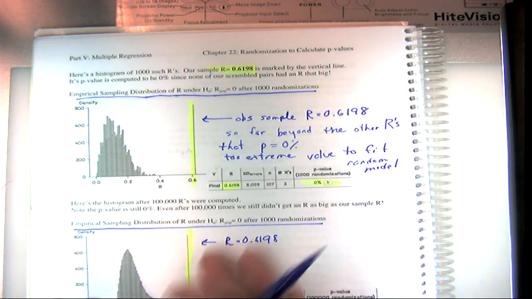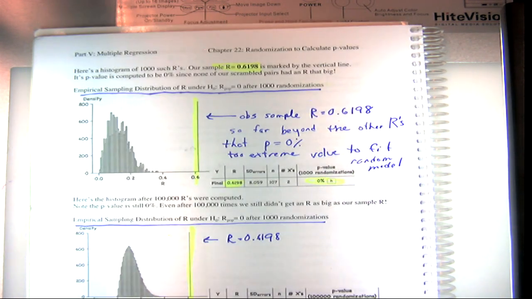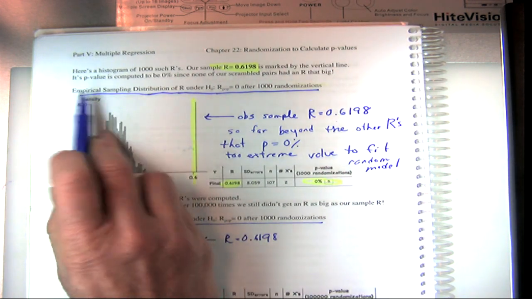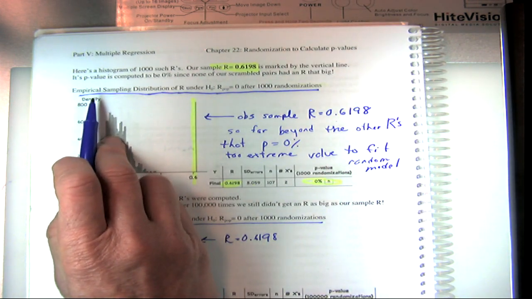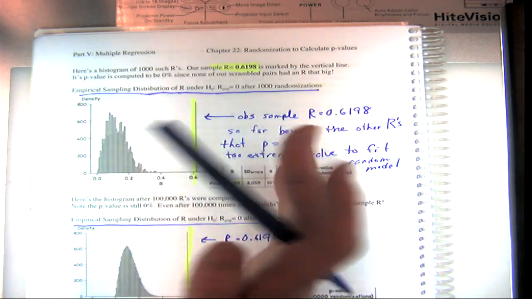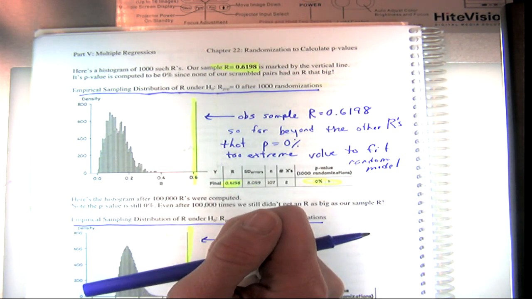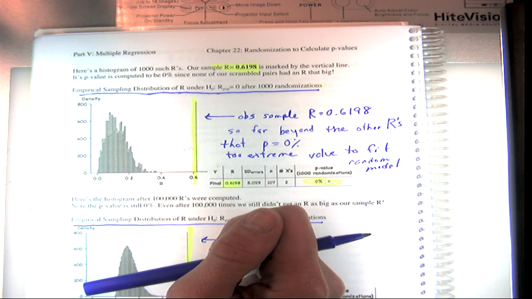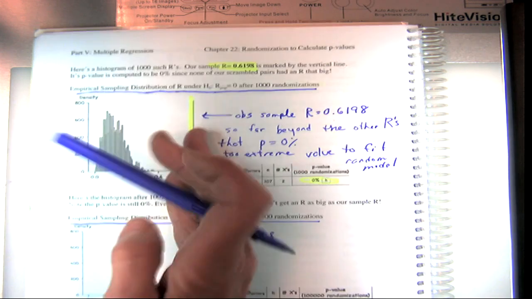What we're doing with all the other tests, when we do any hypothesis test, is we're using an idealized sampling distribution. We're not using an empirical one. We're using one based on theory, and based on certain assumptions. Does that make sense? Here we're simulating it.